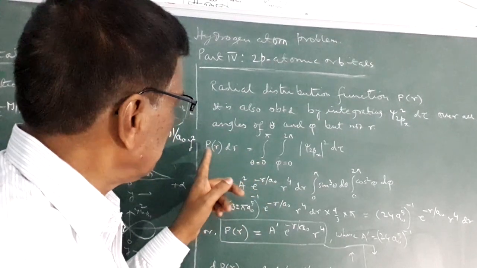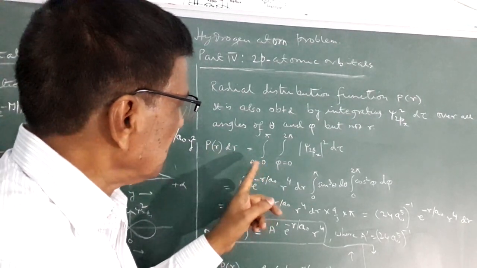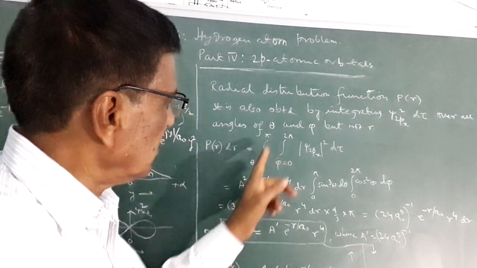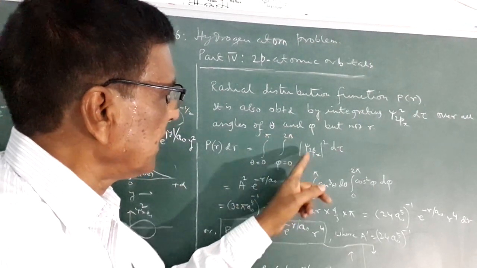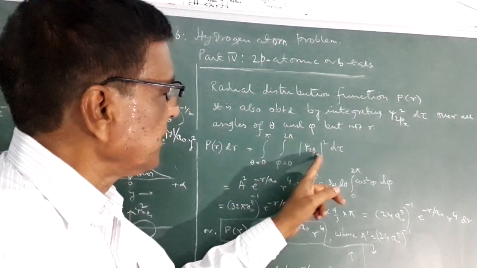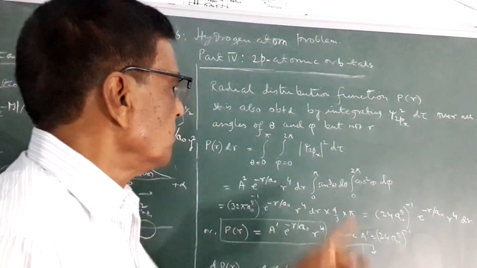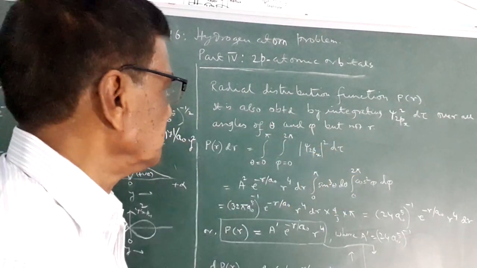So P(r) dr equals the integral over theta from 0 to pi and phi from 0 to 2 pi of the modulus square of psi 2px times d tau.